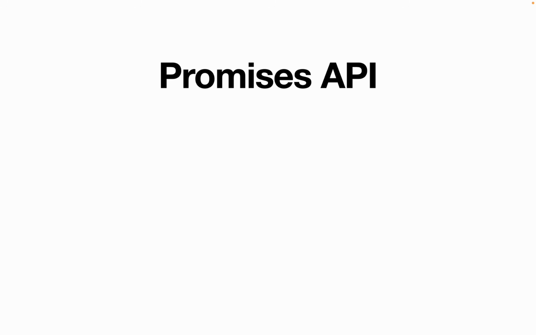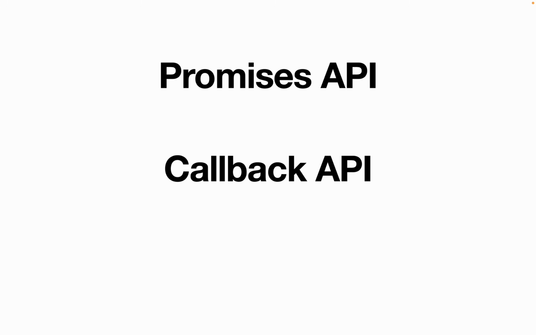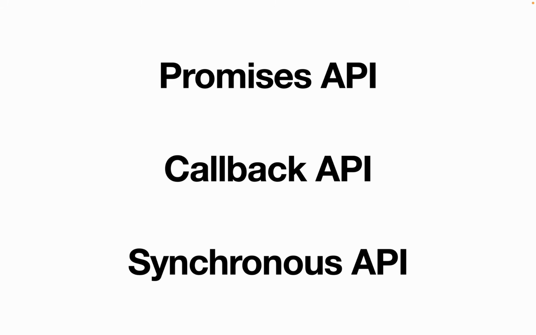But before we try to create a file or delete a file, it's important to know that in Node.js we have 3 different ways to do the exact same thing. We could either use the promises API, or the callback API, or the synchronous API. So 3 different ways to do the same thing using the file system.